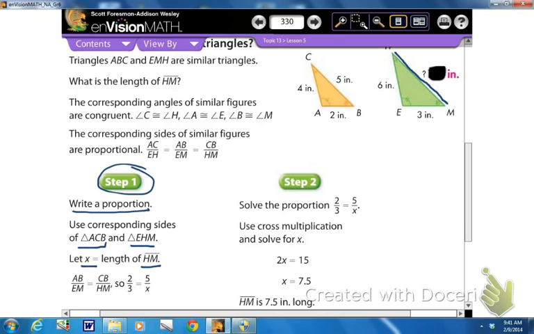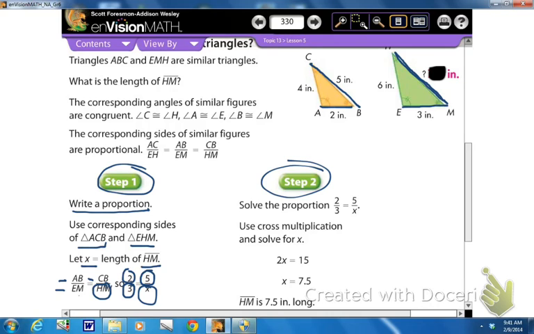What they do is put line segment AB over the corresponding side of the similar triangle, EM, which is 2 over 3. Then they do the same thing: CB, first triangle, 5, over HM, that corresponding side that we don't know, which is X. Now, second step is solve your proportion.